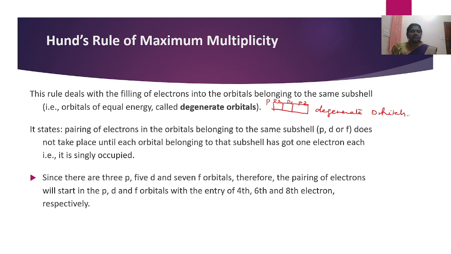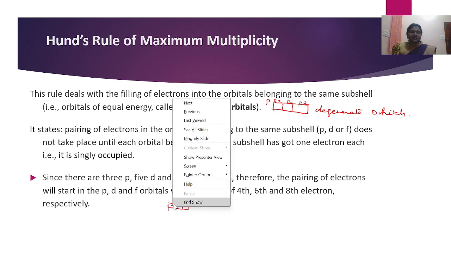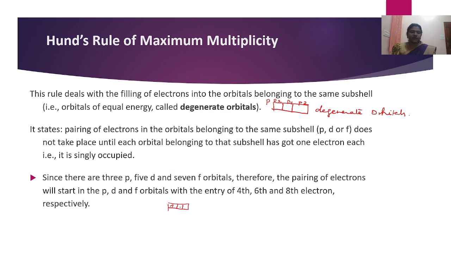Since there are 3 p, 5 d and 7 f orbitals, the pairing of electrons will start in the p, d and f orbitals with the entry of the 4th, 6th and 8th electron respectively. How? These are the p orbitals: 1, 2, 3, and then the 4th electron will come and pair.